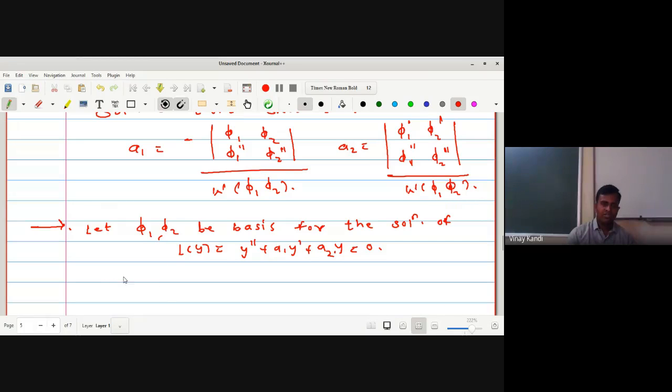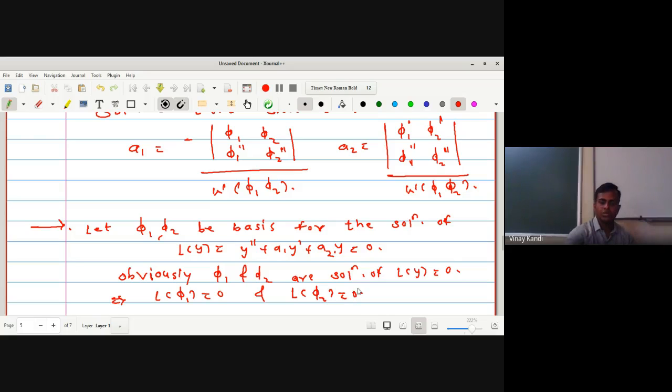Okay, now obviously phi 1 and phi 2 are solutions of L of y is equal to 0. They are basis, but the basis is also solution. It implies that L of phi 1 is equal to 0 and L of phi 2 is equal to 0.